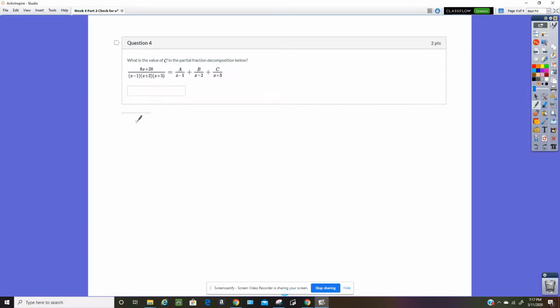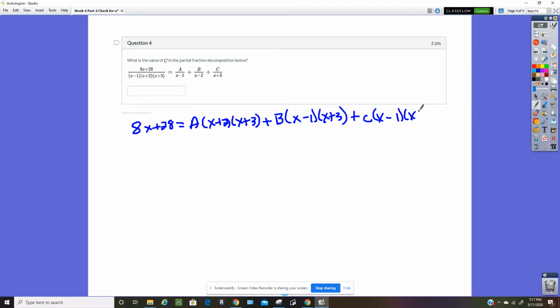All right, so once again, 8x + 28 equals A times (x + 2) times (x + 3), plus B times (x - 1)(x + 3), plus C times (x - 1)(x + 2).